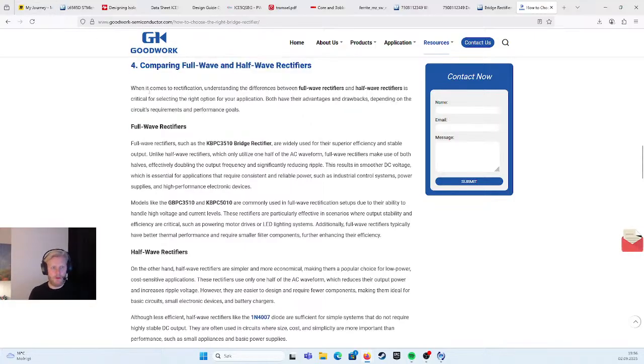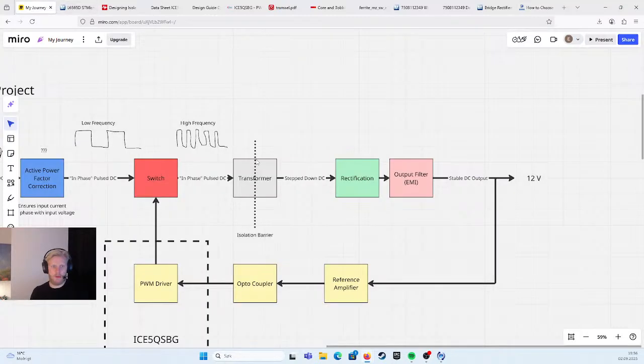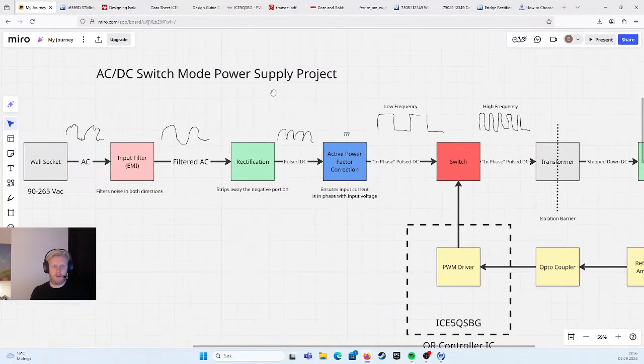So the bridge rectifier is a full wave rectifier, while just using a simple diode is a half wave rectifier. Instead of adding the stripped away negative portion of one period and adding it up, here it's lost basically.